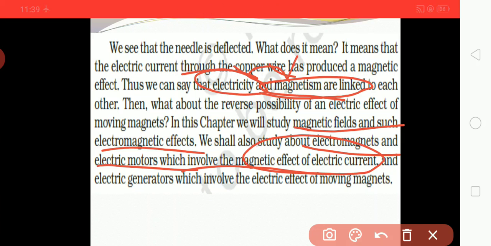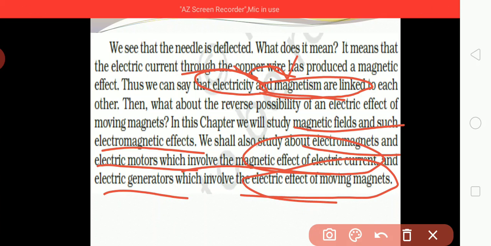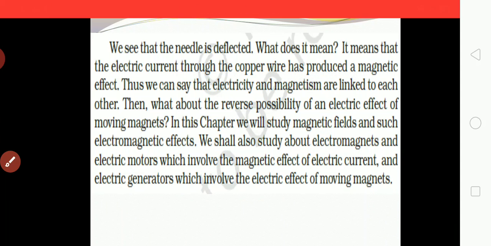In an electric motor you will see the magnetic effect due to electric current, and in an electric generator you will see the electric effect of a moving magnet. Both are the reverse of each other. So in this chapter we will study that.